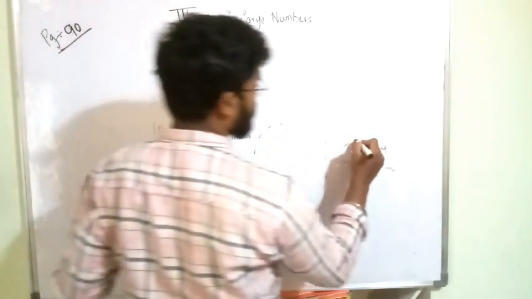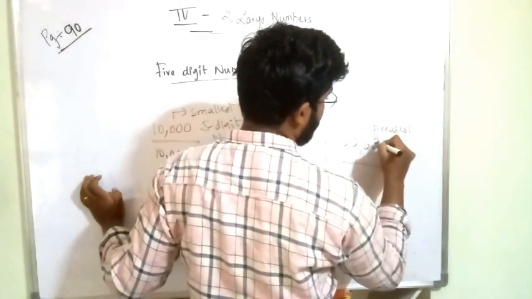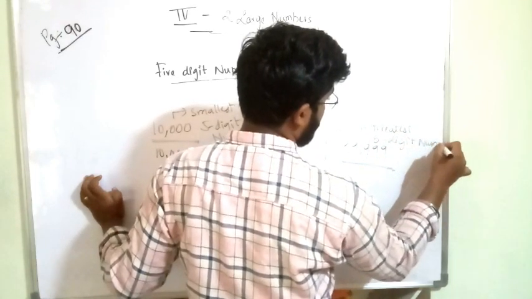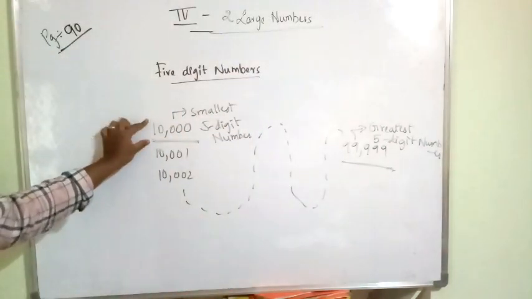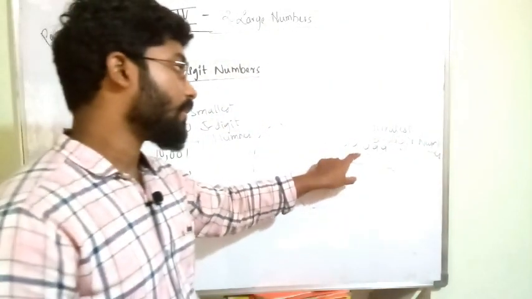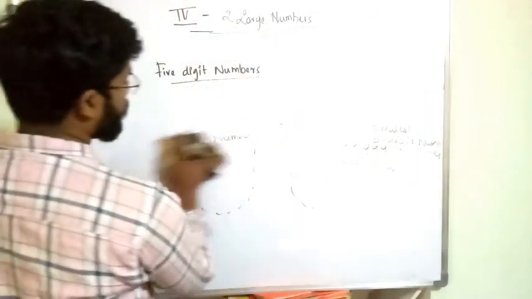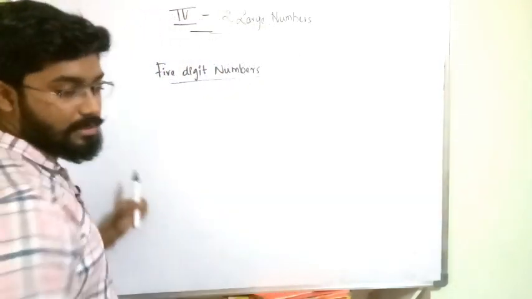This is the greatest 5-digit number. So starting from here, this will become the smallest. This is the ending number. This will become the greatest. So we are going to learn about the 5-digit numbers in this topic. Okay. This is your introduction.